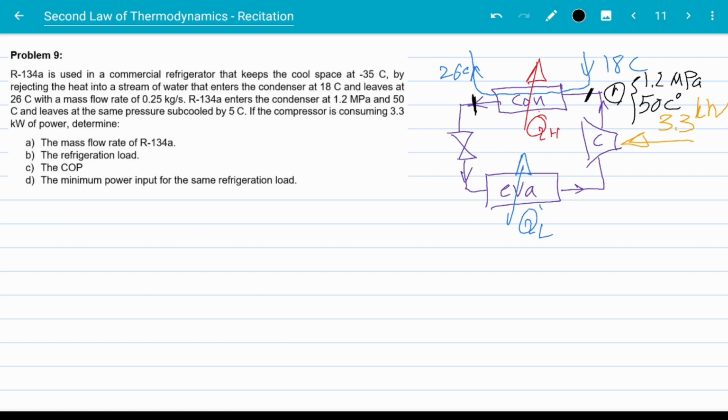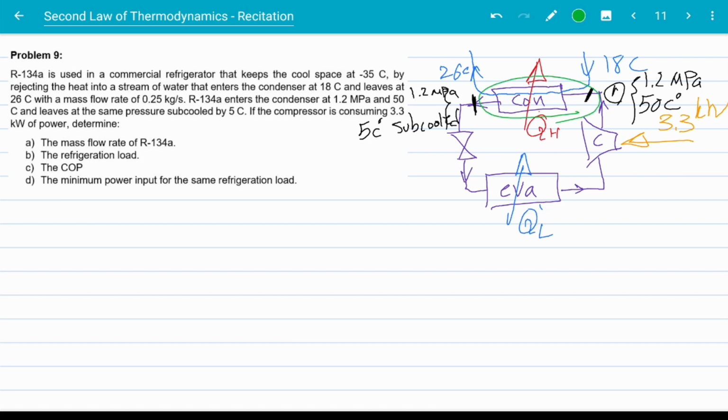We know that it leaves the condenser at the same pressure, so 1.2 megapascals again. Now this time 5 degrees subcooled. So what does this mean? 5 degrees subcooled means it is 5 degrees Celsius below the saturation temperature of our refrigerant at 1.2 megapascals of pressure. We are asked to find the mass flow rate of our refrigerant.